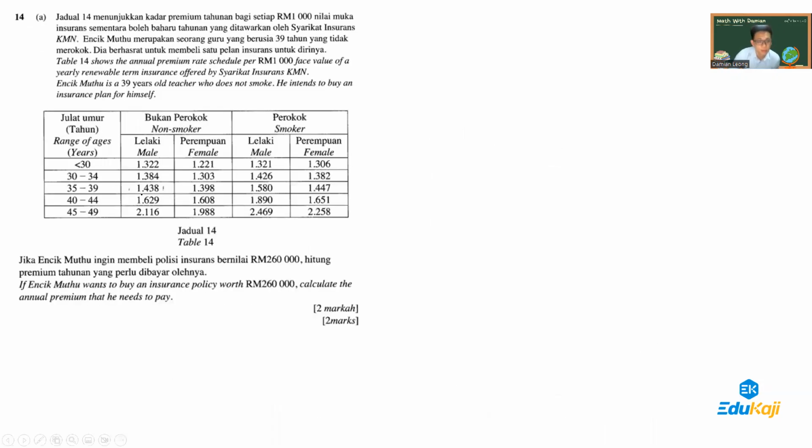Question 14. Here, Mr. Anjay Mutu is a 39 year old teacher who does not smoke and intends to buy an insurance plan for himself. If he wants to buy an insurance policy worth 260,000 ringgit, calculate the annual premium that he needs to pay.